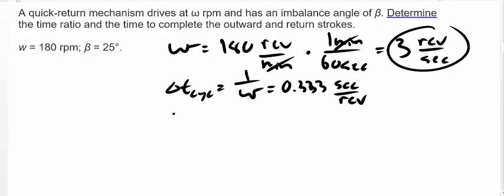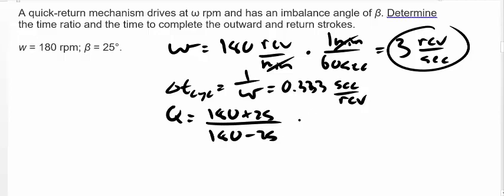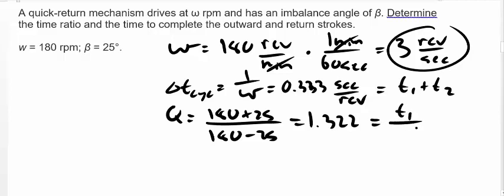So let's go ahead and find Q. Q is equal to 180 plus 25, which is your imbalance angle, over 180 minus 25, which is equal to 1.322. And don't forget your delta t is just the summation of T1 and T2, so T1 plus T2. Then Q is equal to the advance stroke, T1, divided by your return stroke, T2.